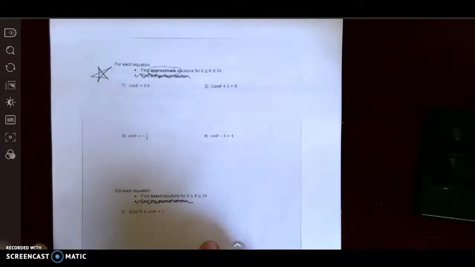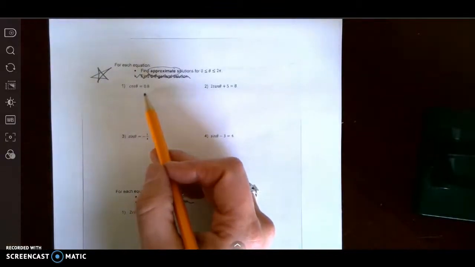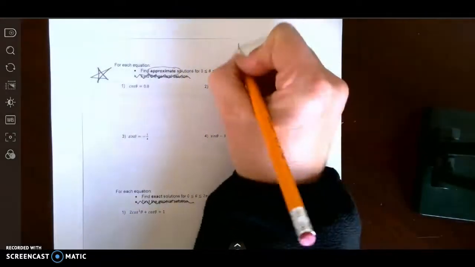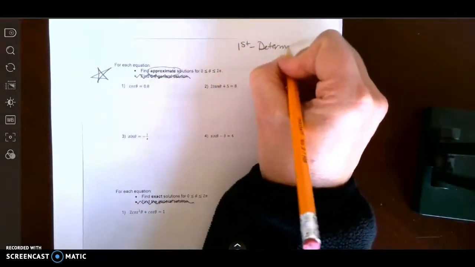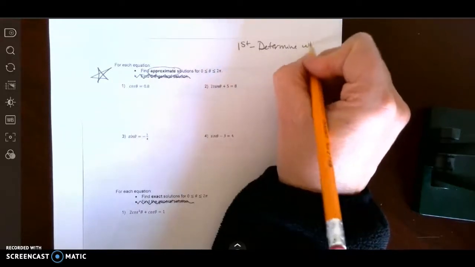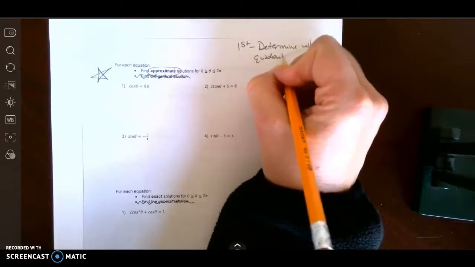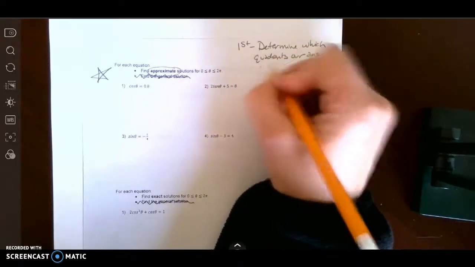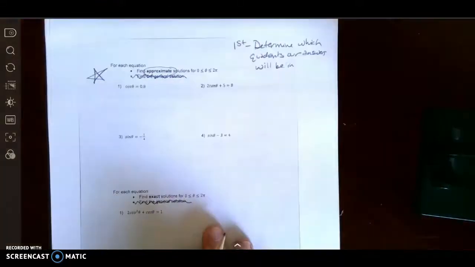So the first step in these, where we aren't just looking at our unit circle and getting exact values, the first thing that we have to do is determine which quadrants our answers will be in. It's the first thing you have to do.